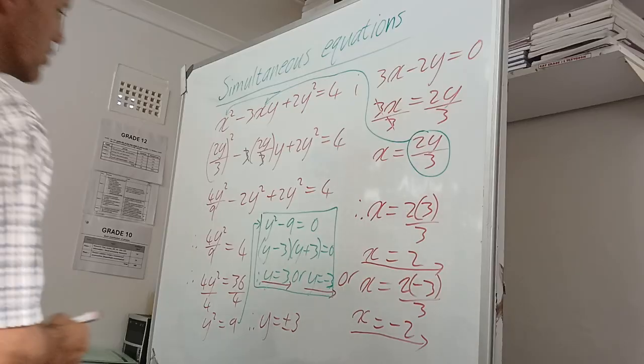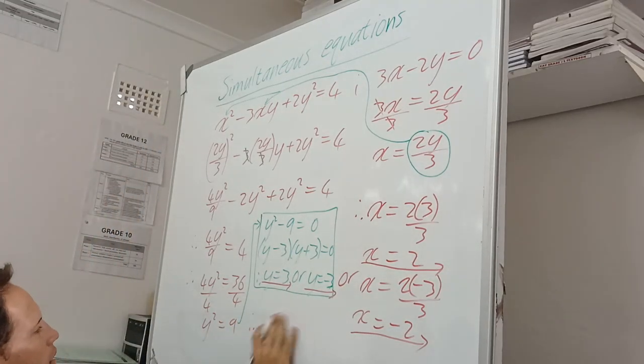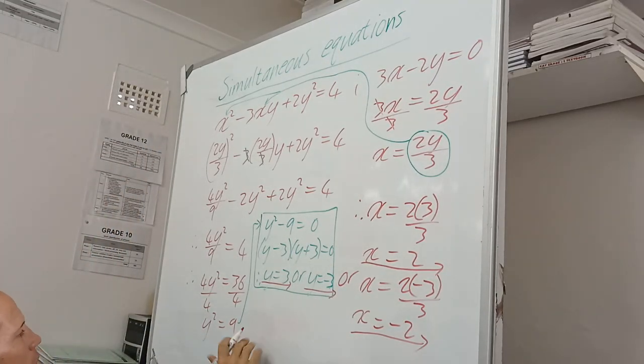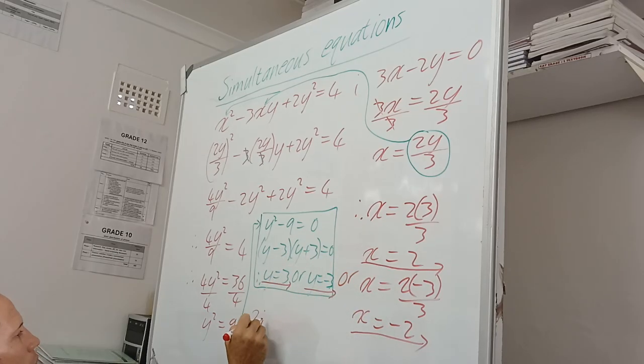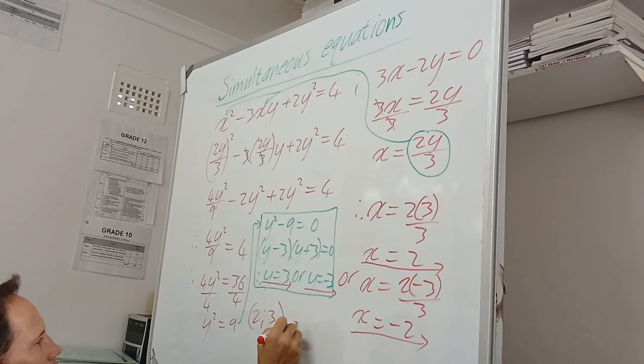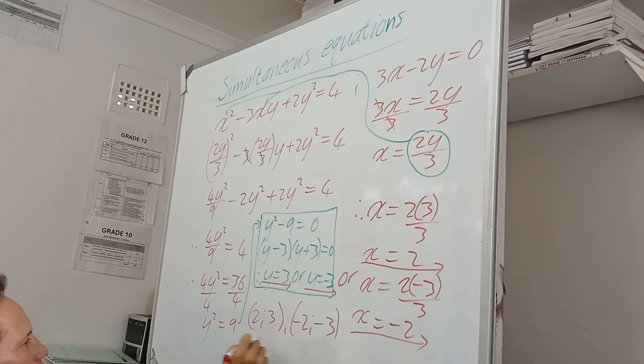You can say my coordinates will be when x is 2, y is 3, so 2, 3 is my one coordinate, and the other one is when x is negative 2, y will be negative 3. So they can ask you to write it as coordinates, and then that's the answer. Okay.